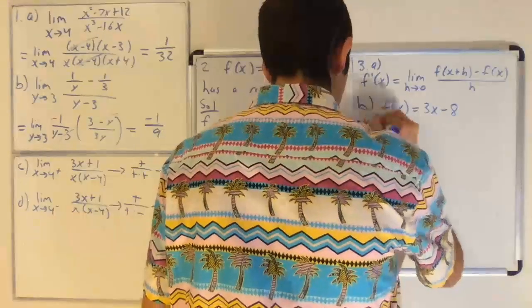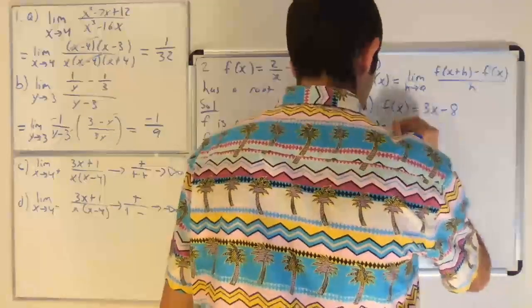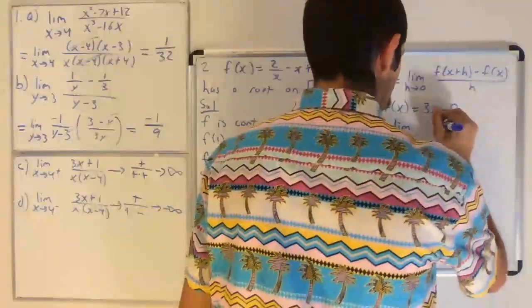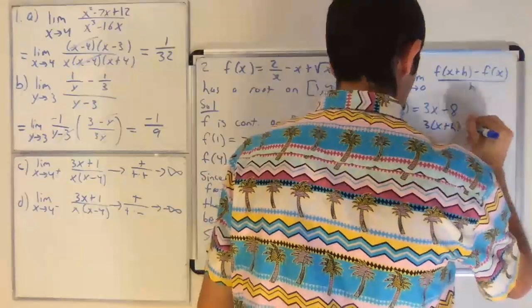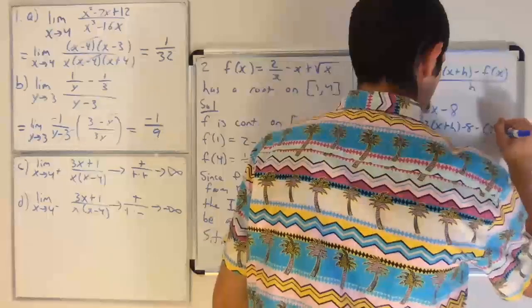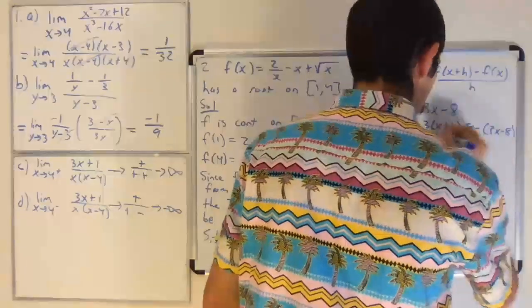So f prime of x is equal to the limit as h goes to 0 of 3 times x plus h minus 8 minus 3x minus 8, all over h.